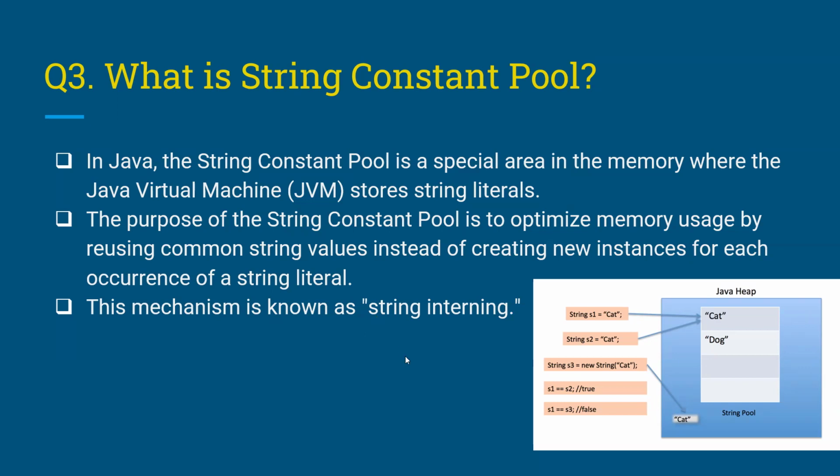String interning means when a string literal is encountered in the Java code, the JVM will check the string constant pool. If the string is already present in the pool, the reference to the existing instance is returned instead of creating a new object. If the string is not found, a new string object is created in the pool and its reference is returned. That is nothing but string interning.